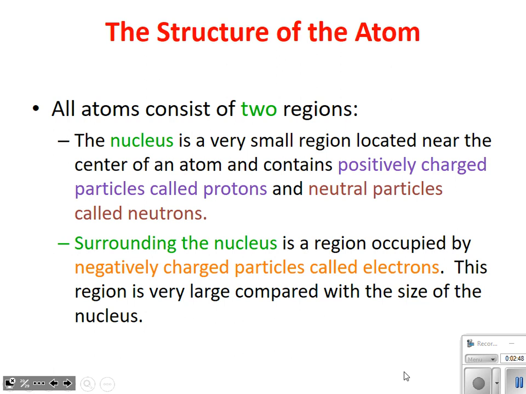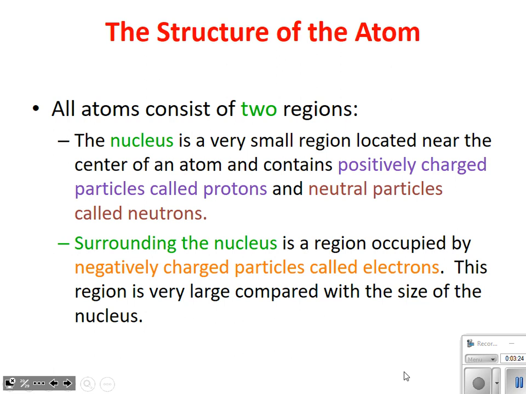We know that the atom consists of two regions: a nucleus that has positively charged protons and neutral neutrons. Now, let's go back. Remember, we just learned it. Who discovered the nucleus? Ernest Rutherford, and he did so with what experiment? The gold foil experiment.